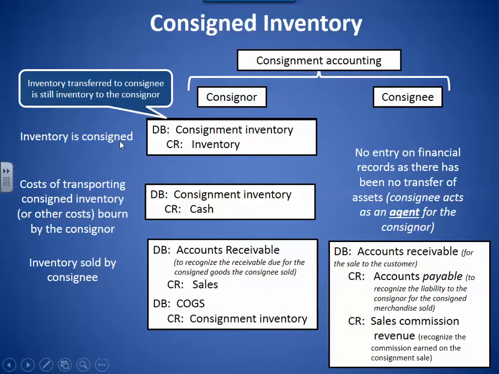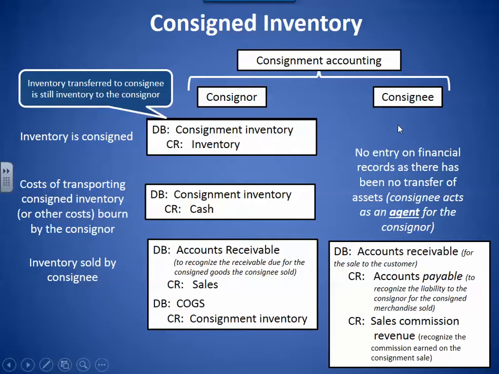So when the inventory is consigned, there's no cost of goods sold or any type of sale recorded with the consignor. What the consignor typically does is remove the value of that inventory out of the general inventory account and put it into a consignment inventory account to show that it's being separately held by an agent.